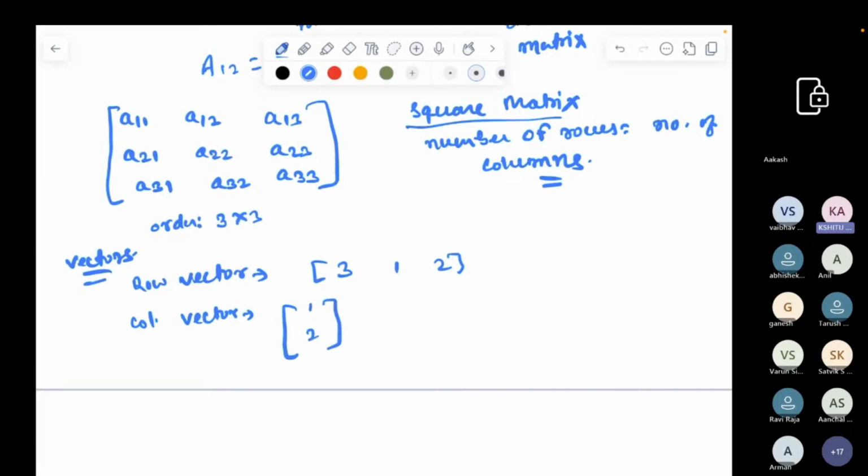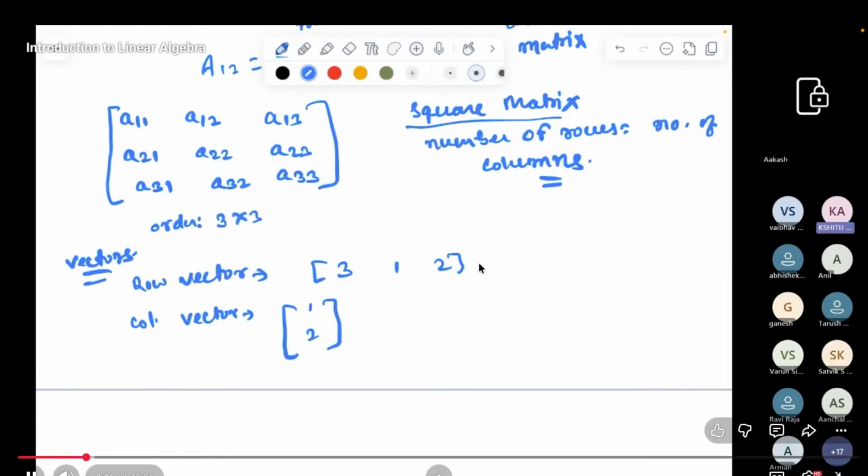Okay, now why do we call it a vector? I think you will have a fair understanding of the coordinate system, right? In your class 9 10, you might have gone through x and y, where x is abscissa and y is ordinate. I think everyone might have, right? The coordinate system.